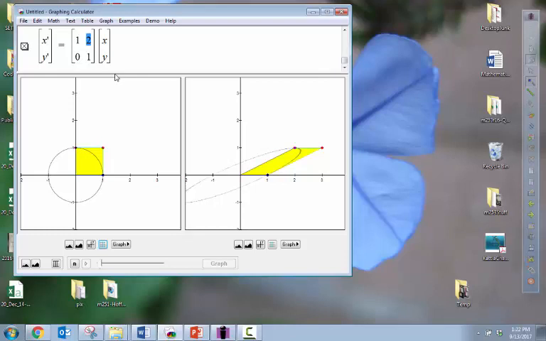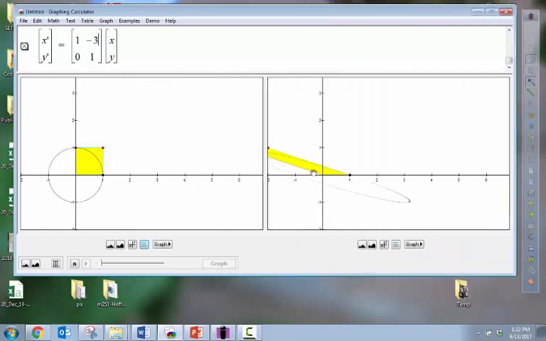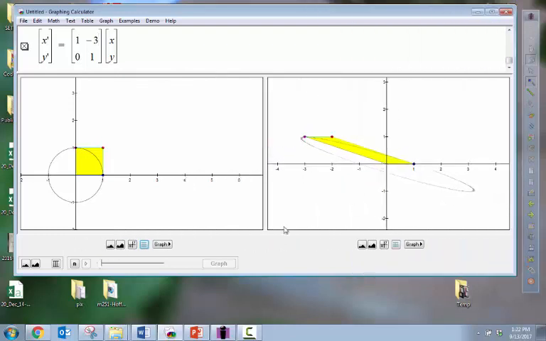Like if we make this a negative 3, for example, and how that would look. And if we change this to a positive number, how things would change.